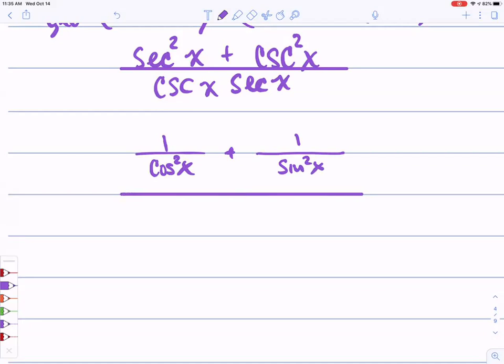All over. What's that? Yes, but if we're turning everything into sines and cosines, I say we do the whole thing. So what's the first guy going to become?